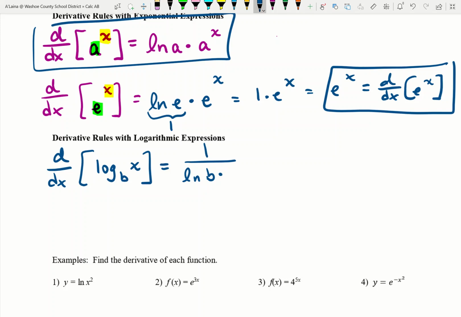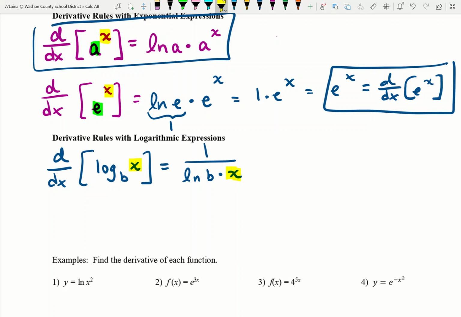Even though this was originally log base b, and not a natural log, we have a natural log in our actual derivative rule, and then times just plain old x, the argument x. Now we might have the chain rule happening in this problem, and we're going to work a little more with how to handle that.